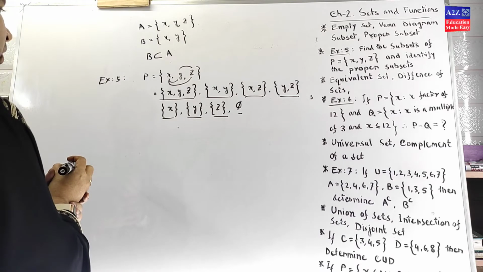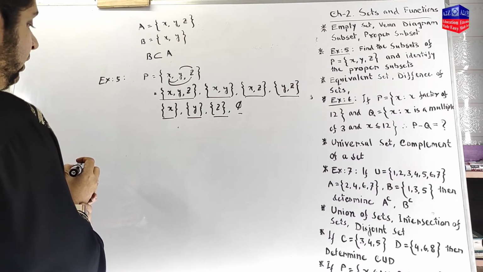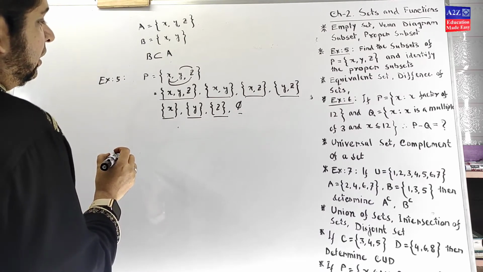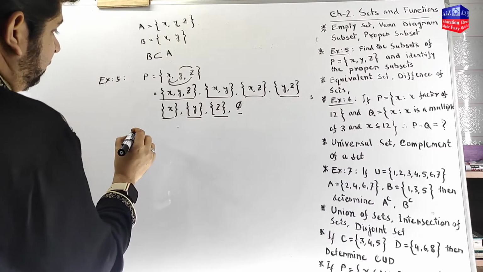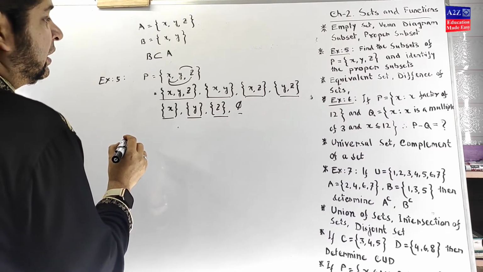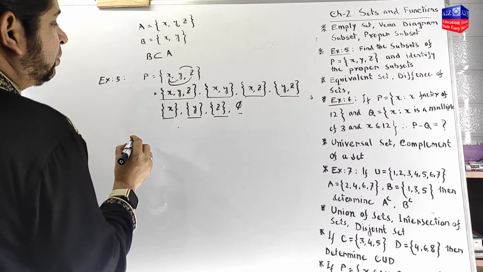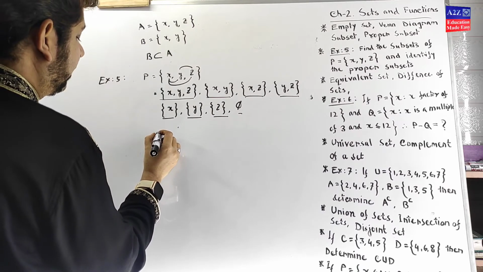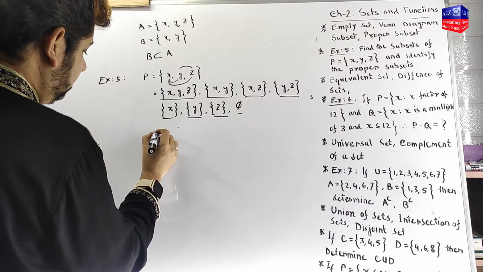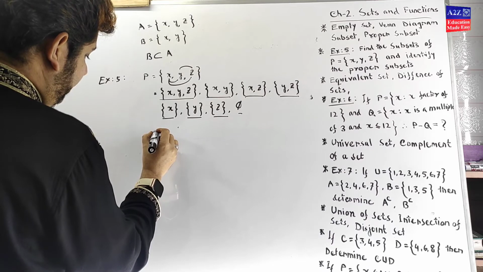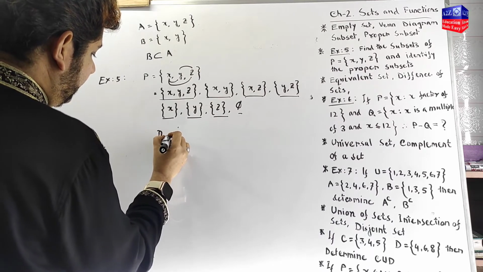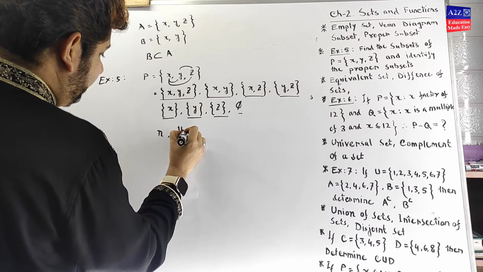And we know there is an observation that if a set contains n elements, then the number of subsets of this set will be 2 to the power n.